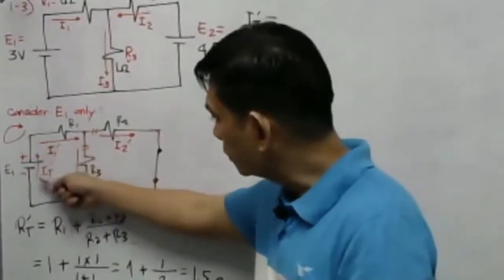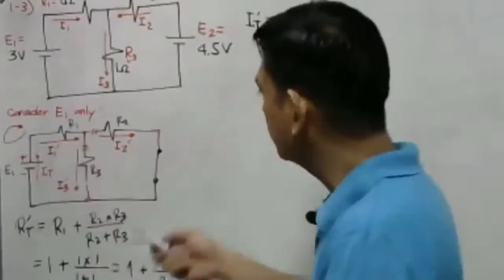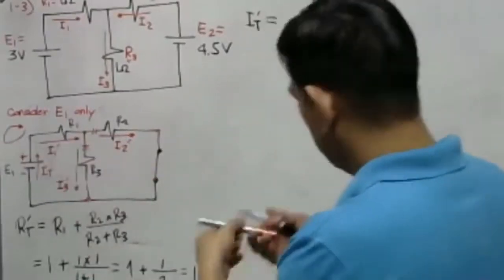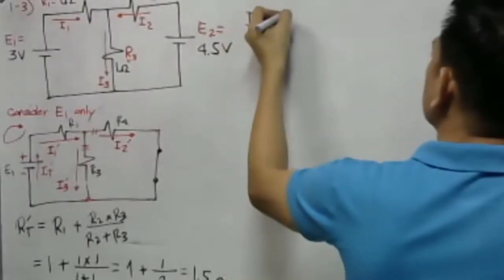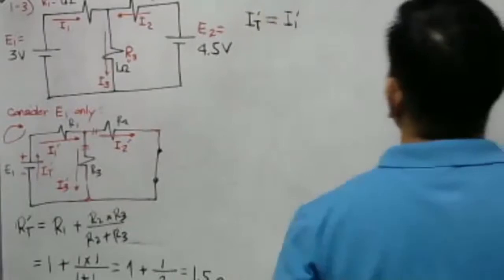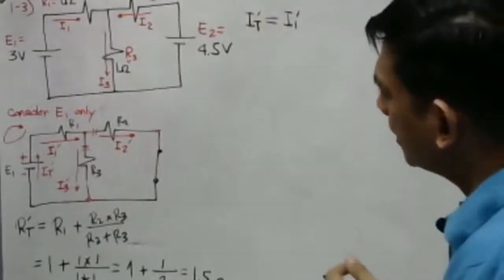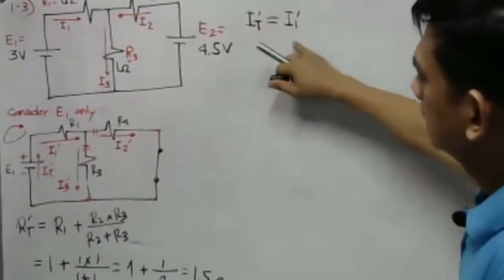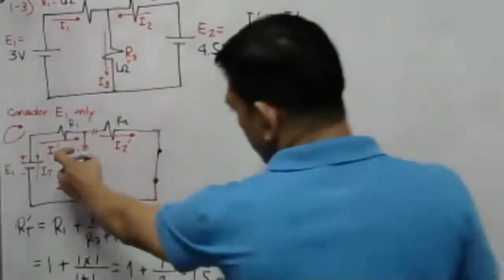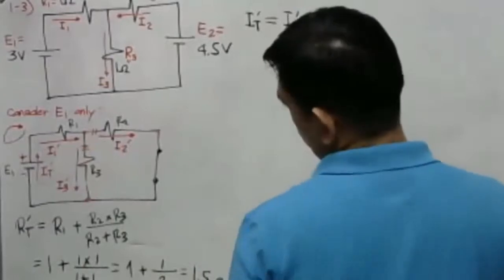There's only one current flowing here. So I total prime is equal to I1 prime.